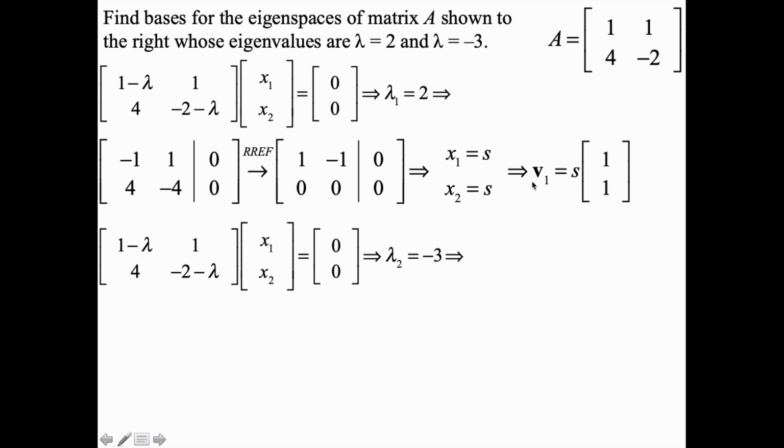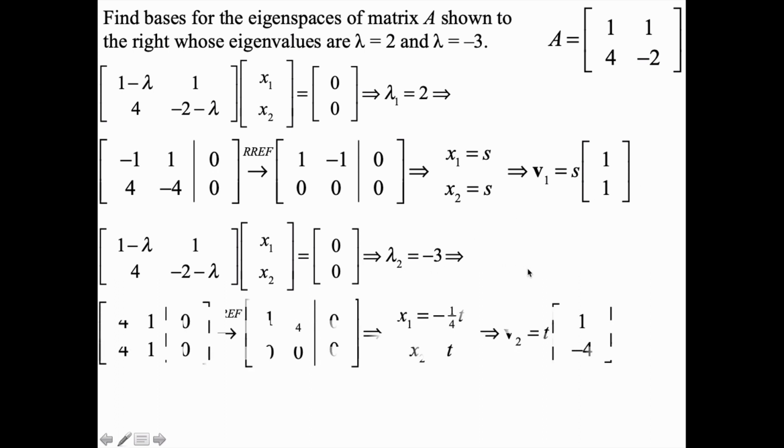So we have that the first eigenvector family is simply a multiple of (1, 1). And if you substitute lambda 2 equals -3, you would get that the second eigenvector family can be expressed as a multiple of (1, -4). You could have also expressed it as a multiple of (-1/4, 1), but any way of expressing eigenvector families that maintain the appropriate ratio would be fine. So I chose to express it as a multiple of (1, -4) for the second eigenvector family.